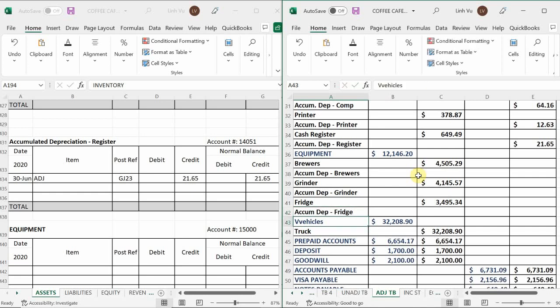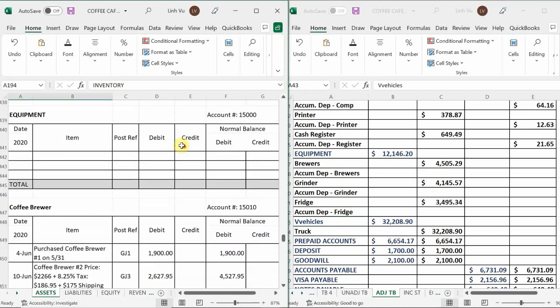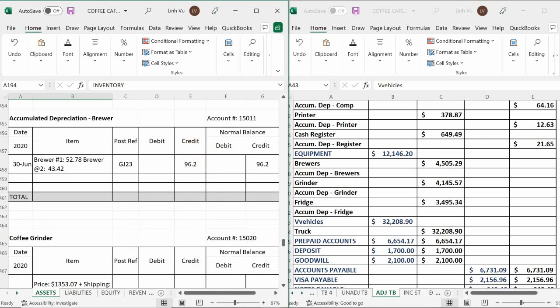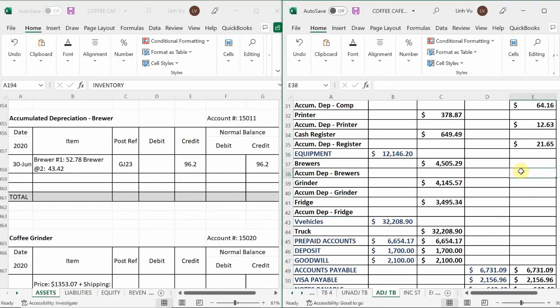Okay, so I have to include all of that. Right now, let's see what they are. My brewers are at $4,505.29, but my accumulated depreciation is $96.20.